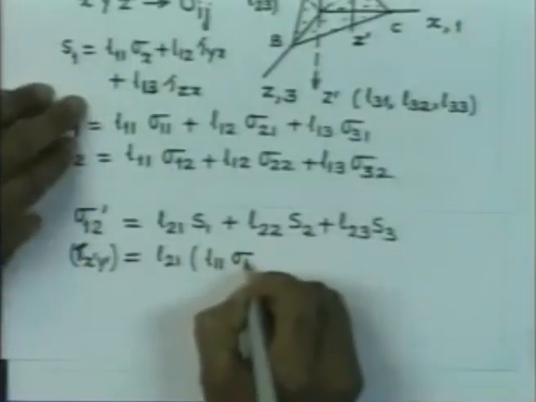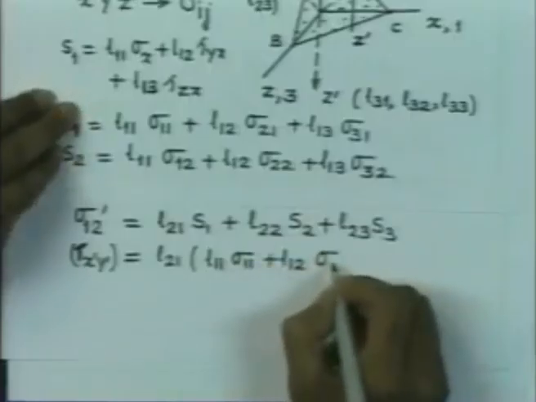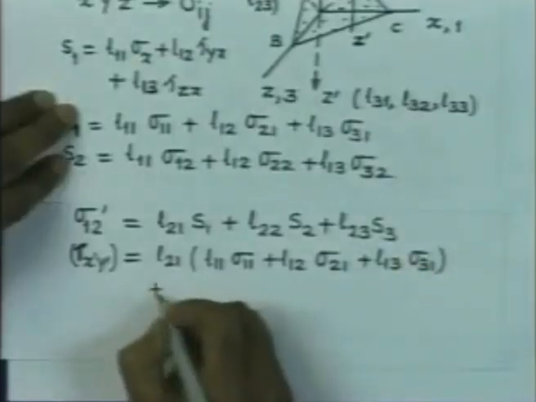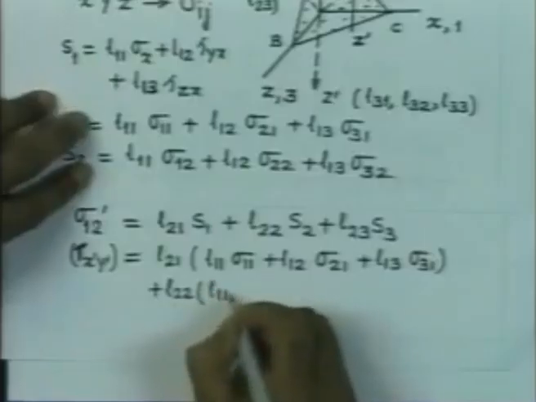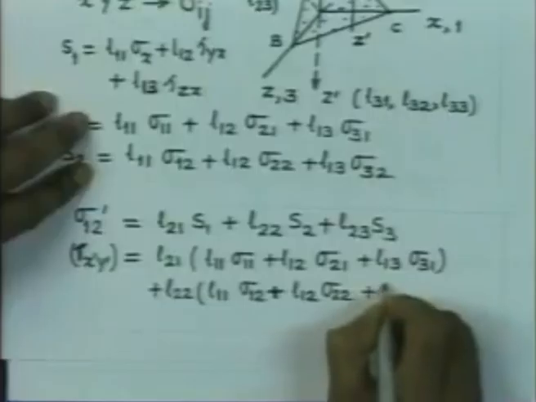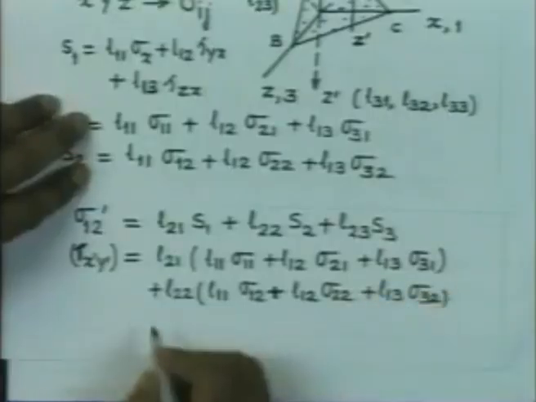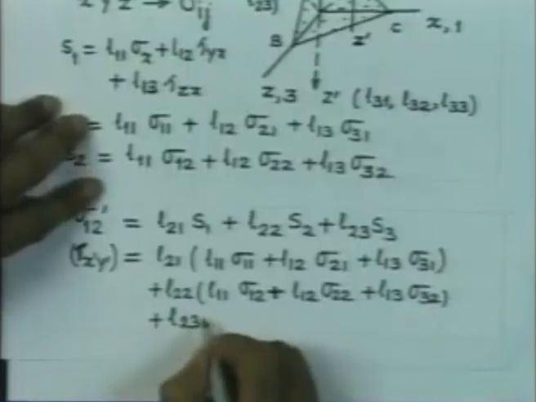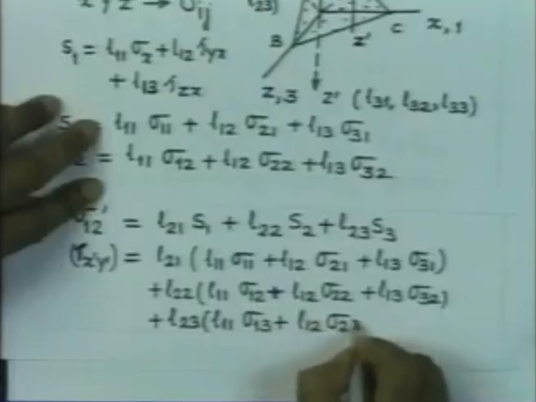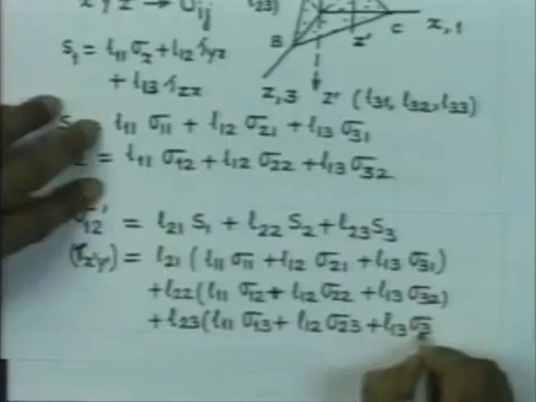Again, if you substitute the values of the three tractions that we have, we find this expression: L21 times (L11 sigma 11 plus L12 sigma 21 plus L13 sigma 31), plus L22 times (L11 sigma 12 plus L12 sigma 22 plus L13 sigma 32), plus L23 times (L11 sigma 13 plus L12 sigma 23 plus L13 sigma 33).